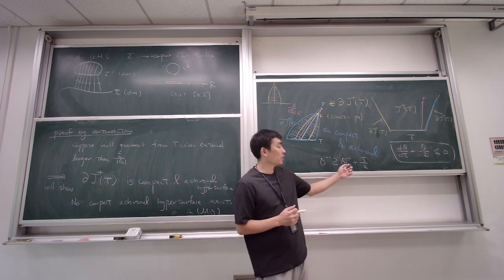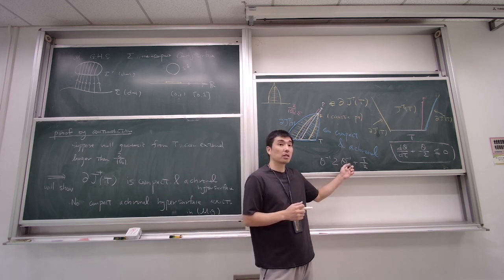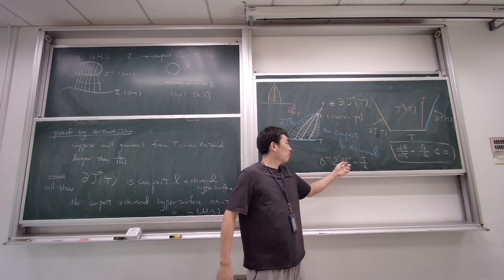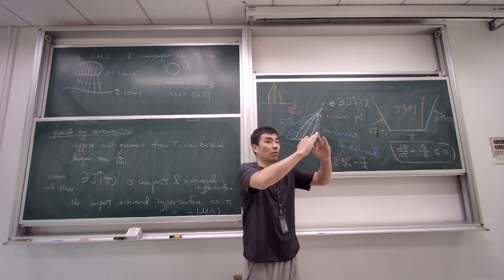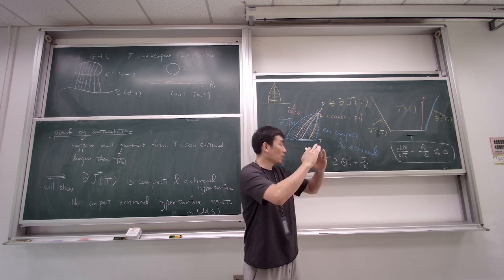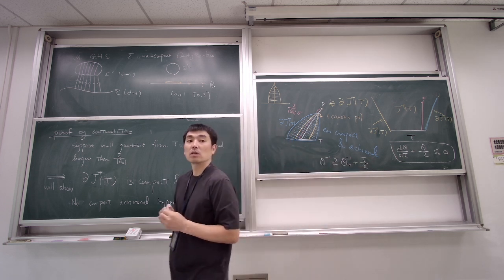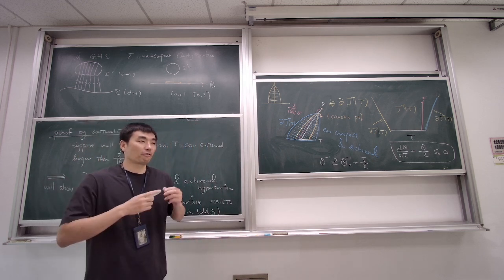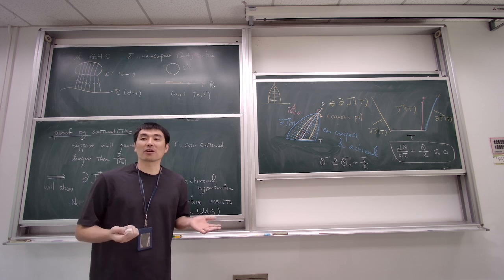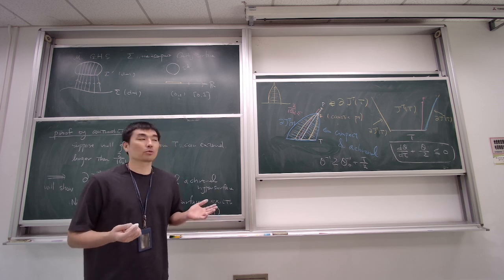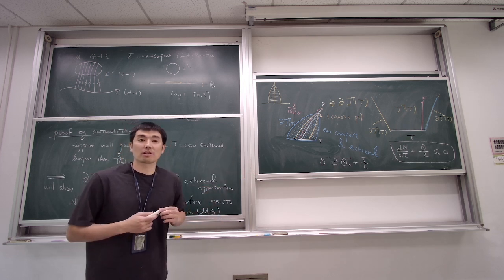So if you assume theta 0 is negative in the future, a focal point or conjugate point will exist with affine length less than 2 over theta 0. So therefore, the Raychaudhuri equation is very important. This focusing theorem is very important to prove the singularity theorem.